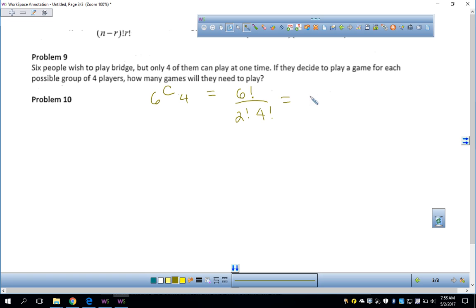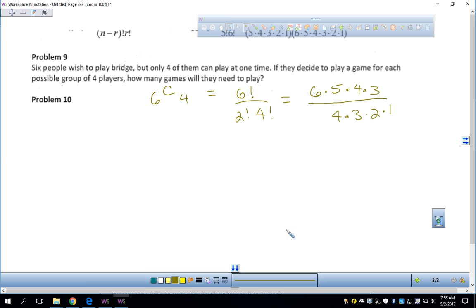Okay, so to do this, you could do it on a calculator. I'll show you in a minute, but it's nice to know how it works mathematically. So 6 permutation 4 means 6 times 5 times 4 times 3. 4 spots for 6 people, but then I have to divide by the number of arrangements of those spots, which is 4 factorial, 4 times 3 times 2 times 1.